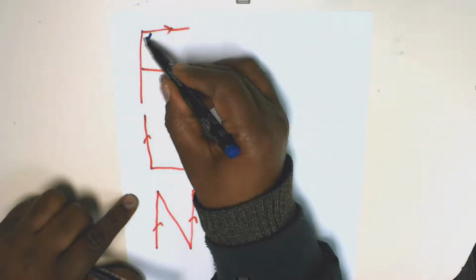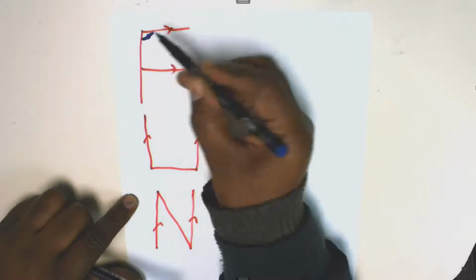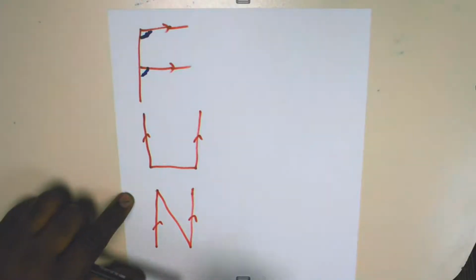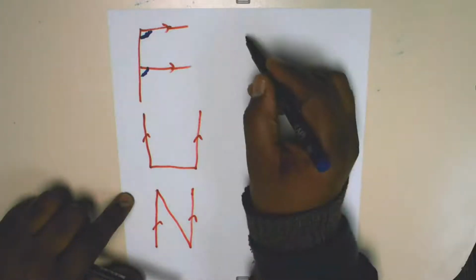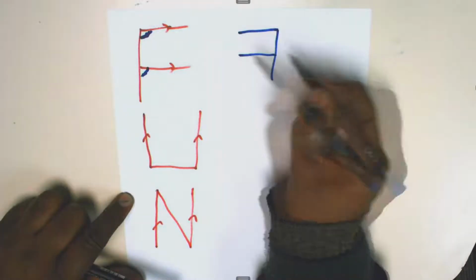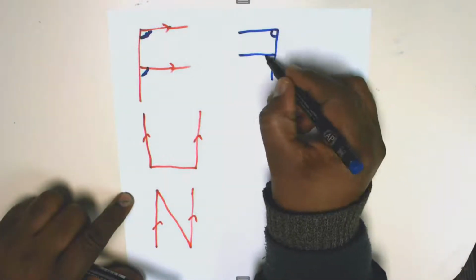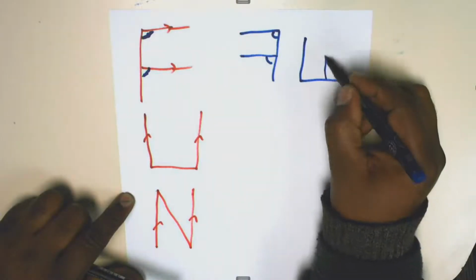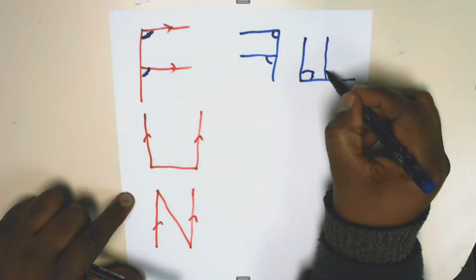Those corresponding angles are just below a parallel line, on the same side of a transverse. You look for that F pattern. It can be facing many directions.